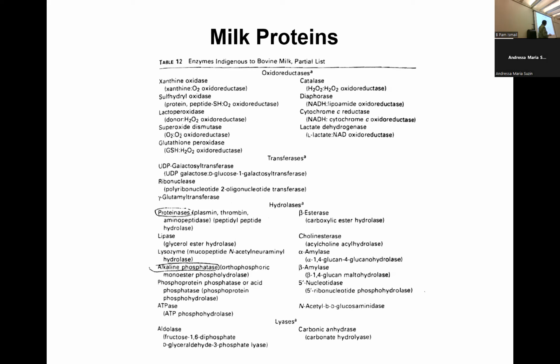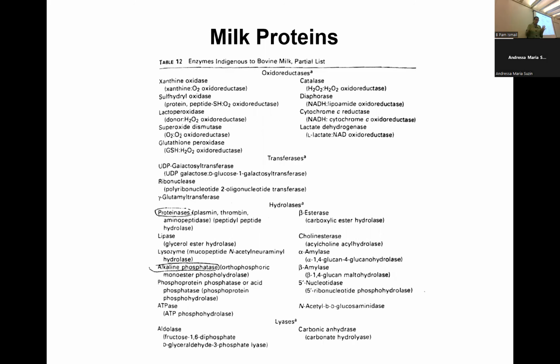Lipases, there are lipases in there, quite a bit of other hydrolases, but one critical one we use for determining the pasteurization efficiency of milk is the alkaline phosphatase, which is very thermally stable. And after pasteurization, to determine the effectiveness of pasteurization, instead of measuring microbial growth, which takes 2 days, they measure the activity of this enzyme to determine the efficiency of pasteurization.